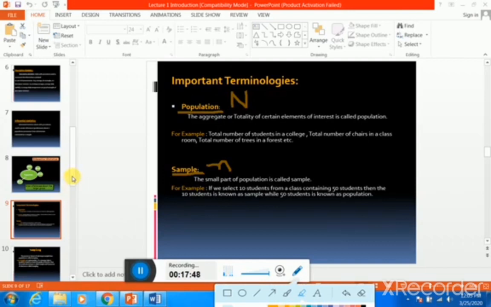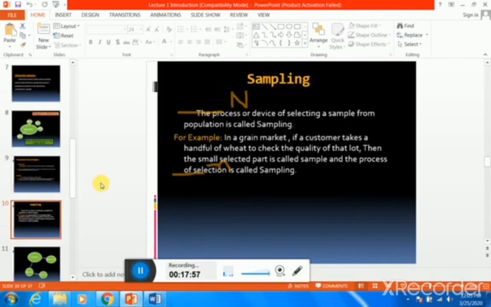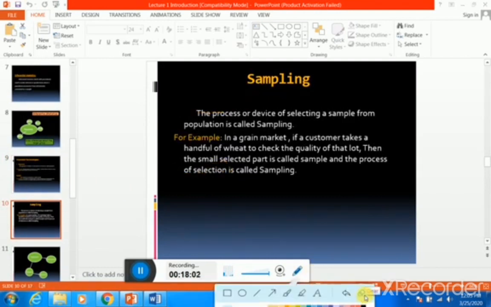That was population and sample. Now let's move to the next slide. That is about sampling. What is sampling? Very simple. Sampling is the process where we select the samples from the aggregate population.